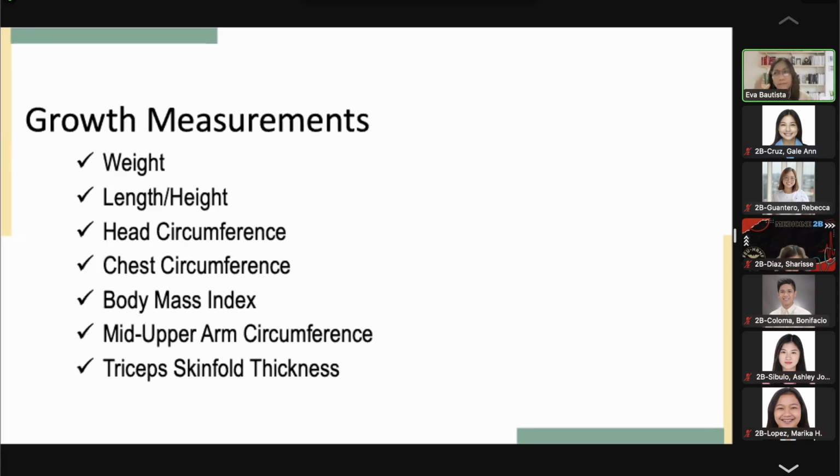Almost always you have the weight and the height. But in younger children, we also measure the head, the chest, and the BMI can be computed based on the weight and the height. And in some areas, we also measure the mid-upper arm circumference or the triceps skin fold thickness.